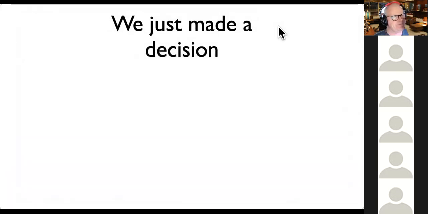What we've just done is we've made a decision. We've not done it technically the way we tend to do it in a statistics class, but we have made a statistical decision. It's an intuitive one backed up by a little bit of looking at a graph. But as I said, when I talked about exploratory data analysis, statistics in a lot of respects are there to prove what you already know.